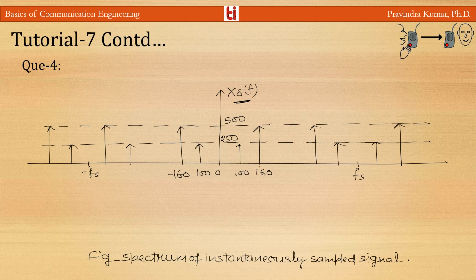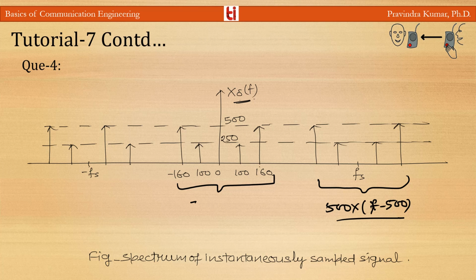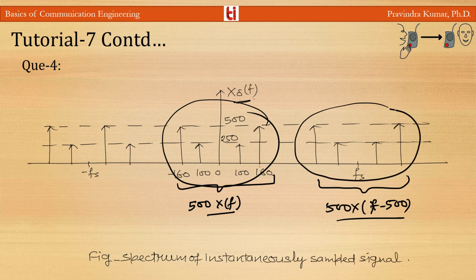This is the spectrum of the sampled signal. This is the first term, 500 X(f), the spectrum of the signal, and this is the second term, the spectrum shifted right by 500, and this is the spectrum shifted left by 500.